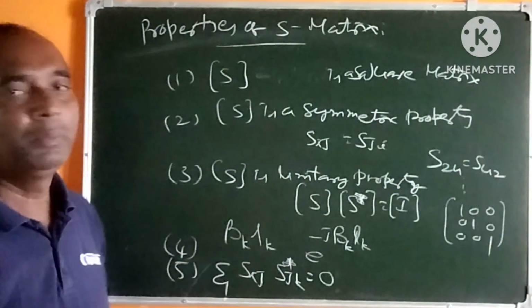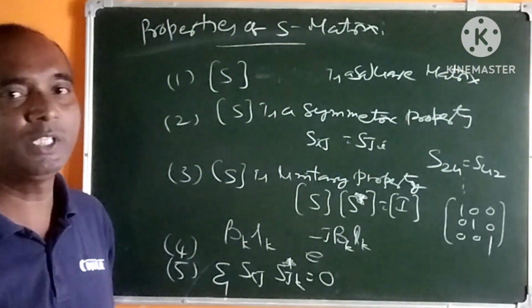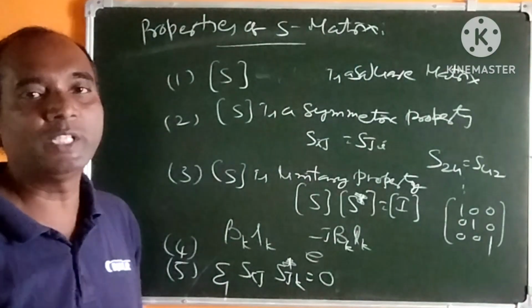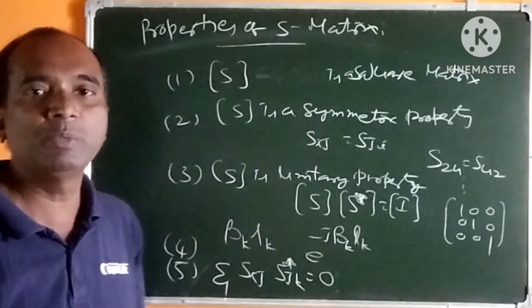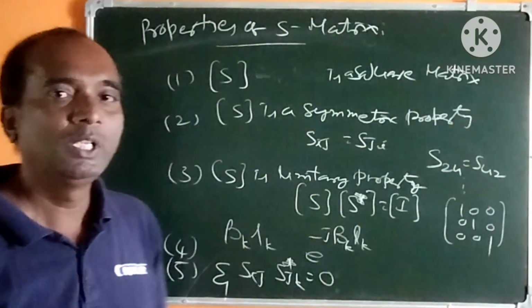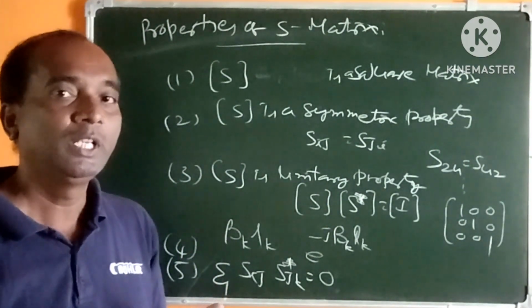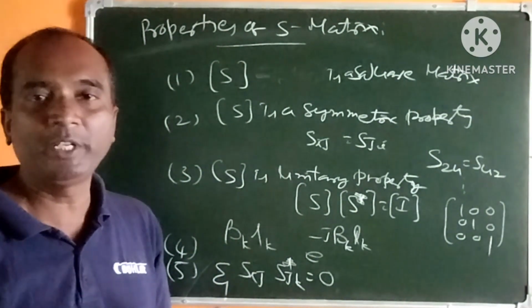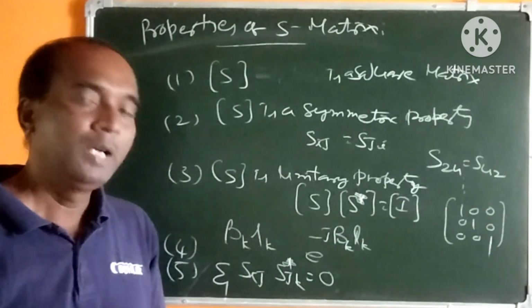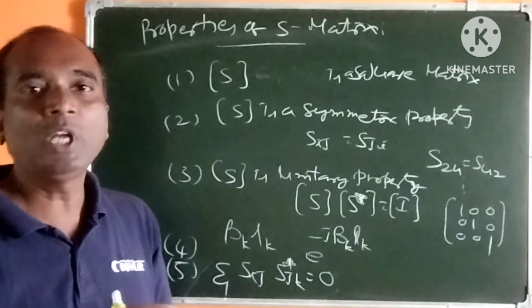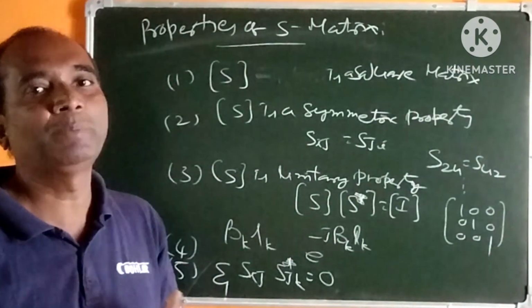Okay. Now by using these S parameters, we can study microwave T junctions. The microwave T junctions may be of different types: the H plane T junction, E plane T junction, EH plane T junction, or hybrid T junction, or magic T junction. And one more, we can move to the directional coupler.